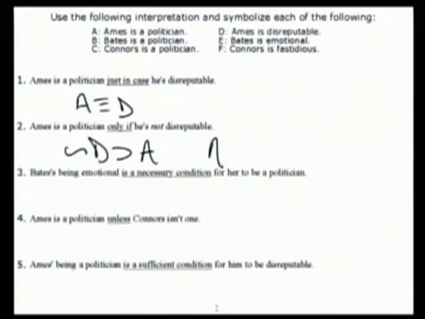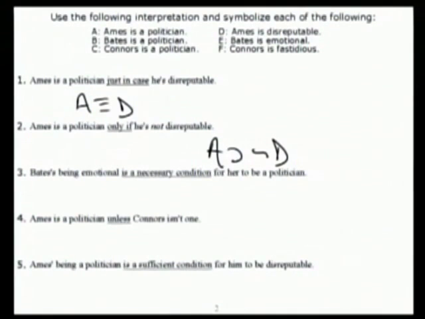You suggest A implies not D. Why not, Sam? Because Ames is a politician only if he's not disreputable. So the fact that he's a politician would imply that he must be not disreputable. Yeah. That's correct.